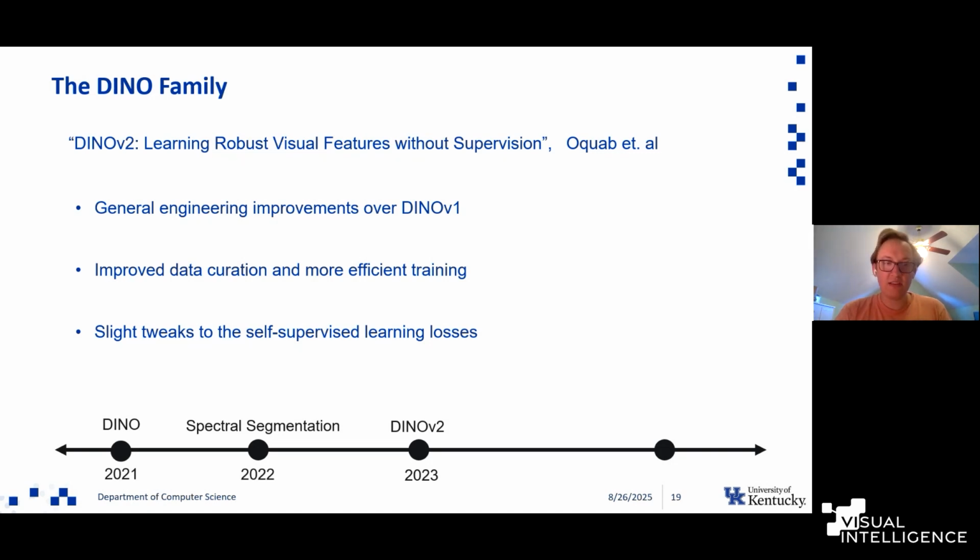The code is very clean and public. All of these models are open source, by the way. And they also did some slight tweaks to the self-supervised learning losses. They combined a couple different loss functions together to train the model so that it learns patch level features and also global image level features, which makes even more powerful models, it turns out.